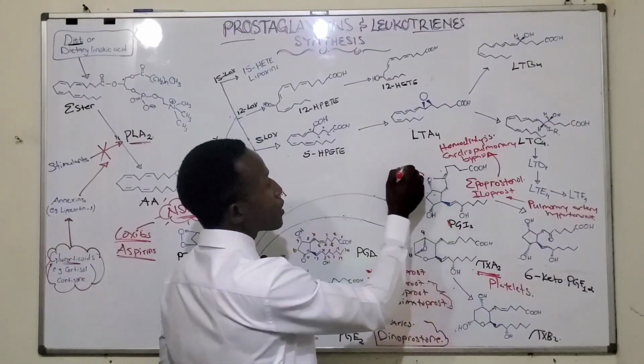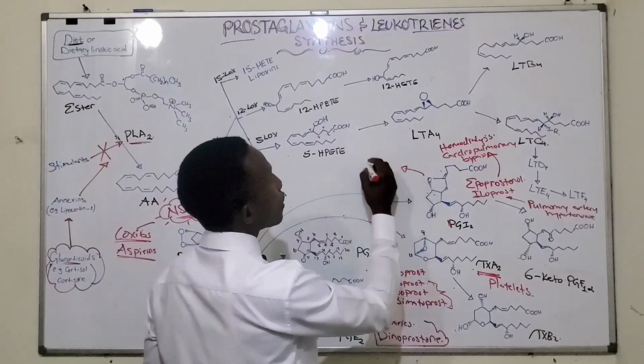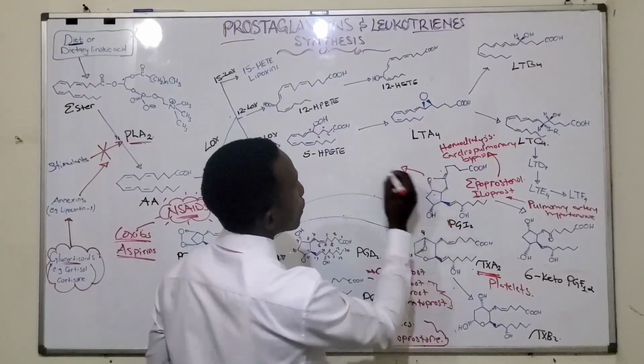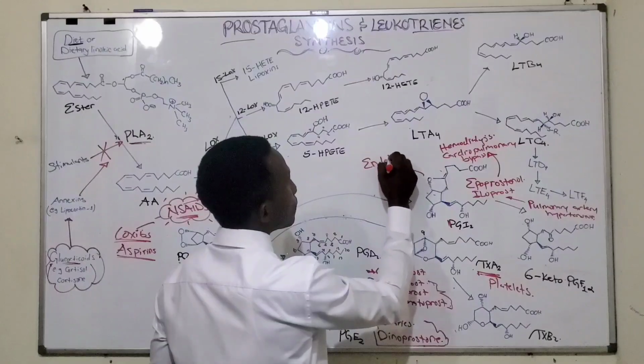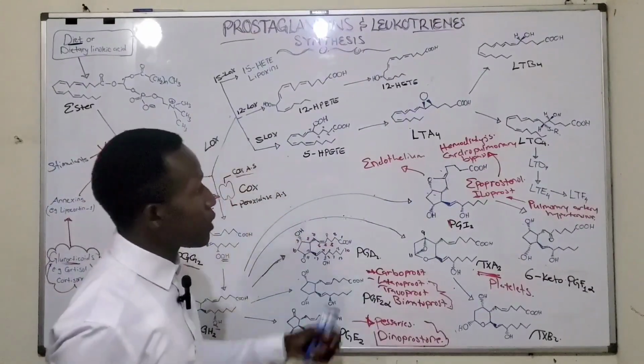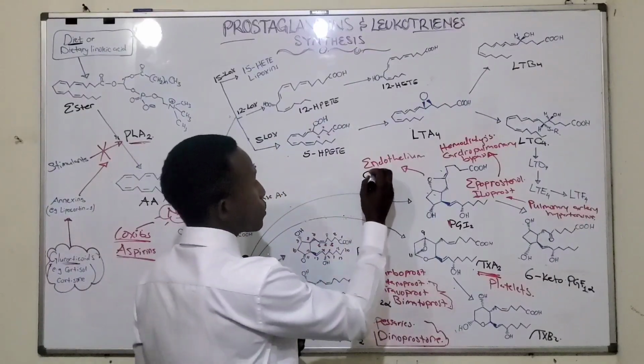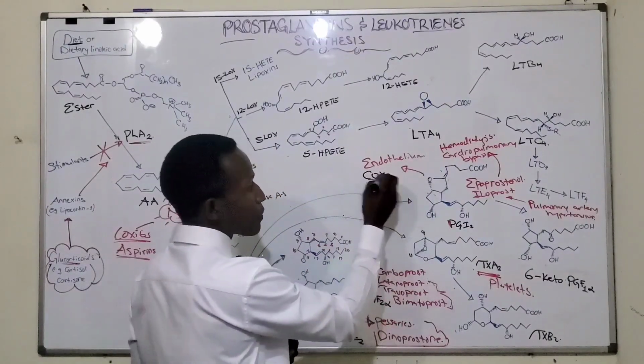Prostacyclins are produced mainly in the endothelium of the blood vessels, and this is mainly by the COX-2 enzyme.